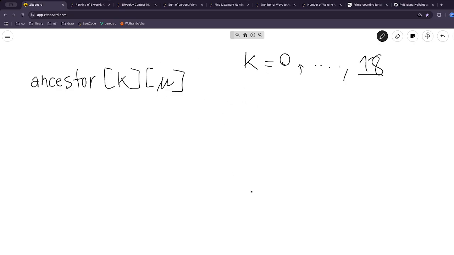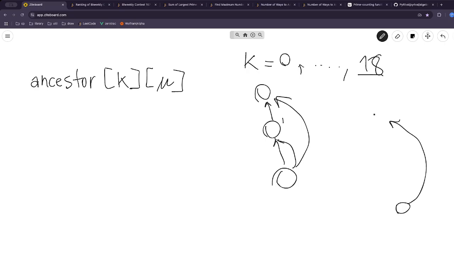So notice that powers of 2 are recursive in a sense, right? So if you want to do a jump of size 2, then that consists of 2 jumps of size 1, right? And if you want to do a jump of size 4, then that would consist of 2 jumps of size 2, right?